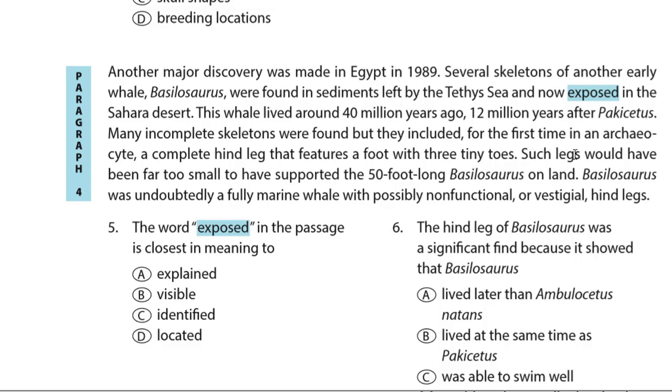See here, such legs, which are the hind legs, would have been far too small to have supported a 50-foot-long animal, Basilosaurus, on land.